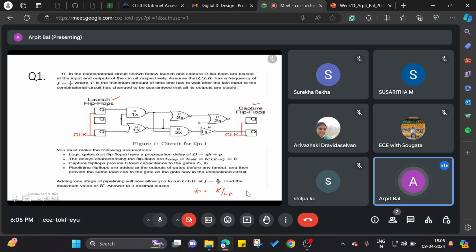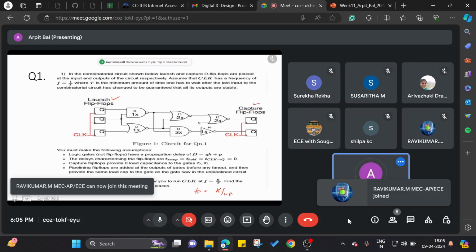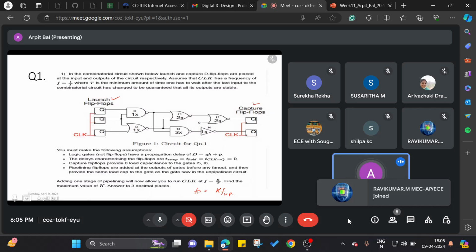Does anyone remember the propagation delay part that we were doing? So we used to figure out the critical path, and based on that we used to say that, okay, the critical path delay is x, so the frequency at which I can operate will be 1 by x. Correct? So we are going to use the same thing here as well.